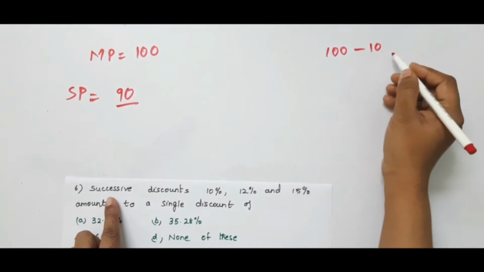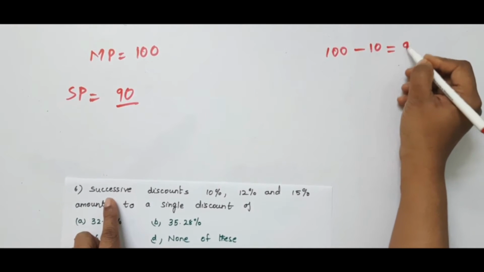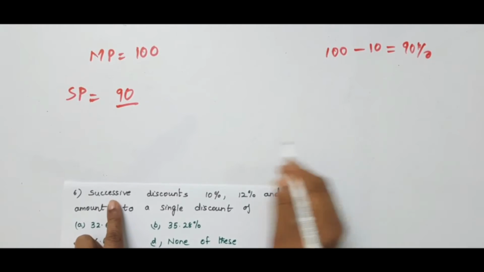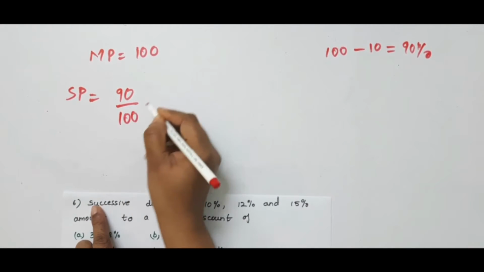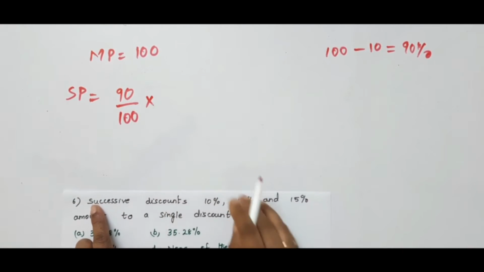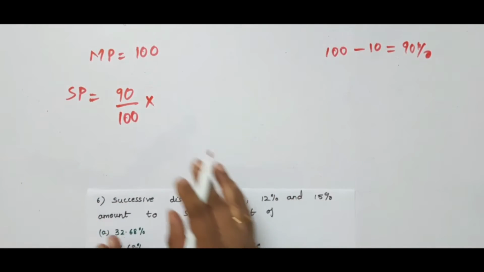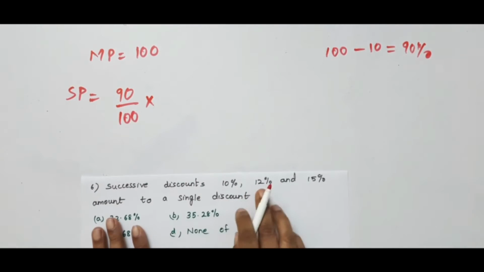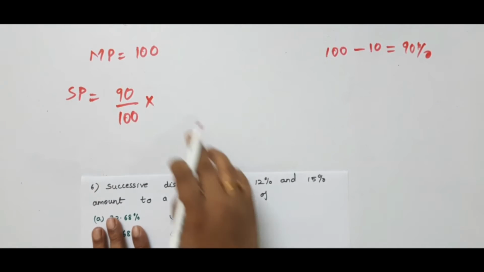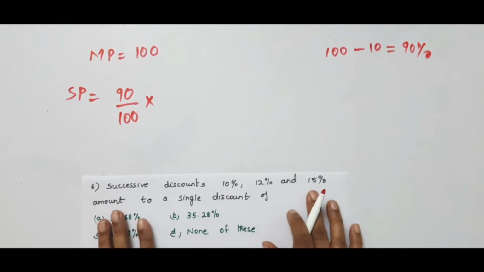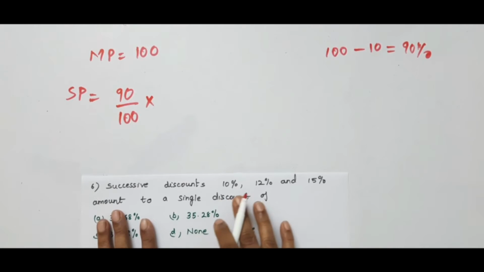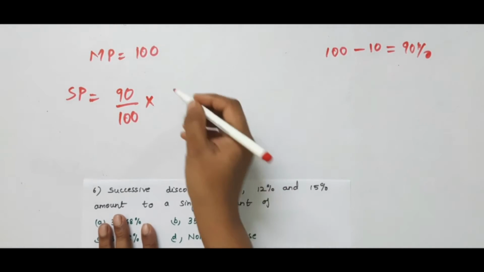So 90% means we write 90 into 90 by 100. That is, to find the selling price we subtract the discount percentage from 100, divide by 100 and multiply into the market price. Here 3 discounts are given, so you have to subtract each discount from 100 and divide it by 100.